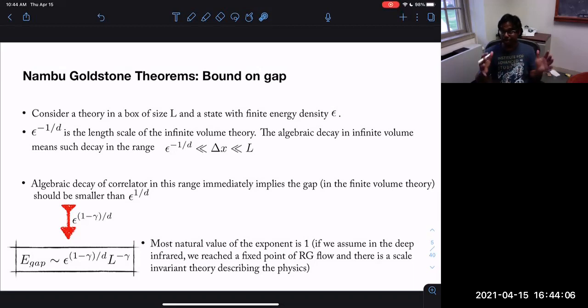Now you can take this whole setup, the whole physical argument I just told you, and ask what happens in a CFT.